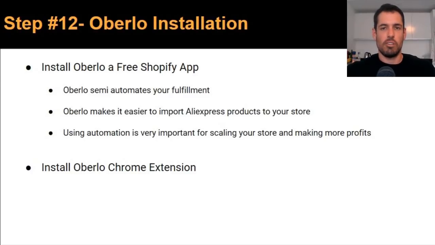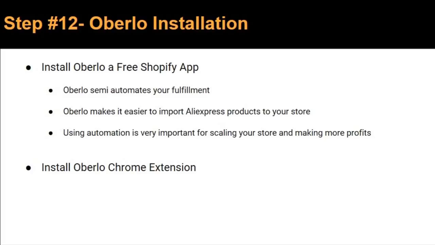But as you develop your store and you start getting more sales, like 200, 300 sales per day, it will be hard to do stuff manually without automating, and you also wouldn't want to do stuff that you don't enjoy. So this is why I suggest you also outsource stuff. And Oberlo helps you with automating processes. We're going to install the app, and second we're going to add the Oberlo Chrome extension.